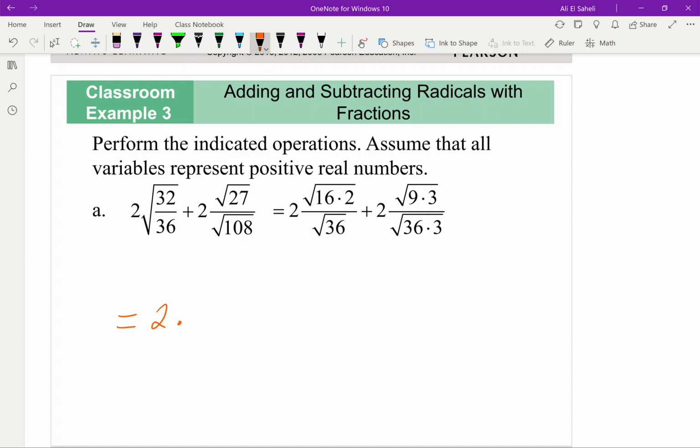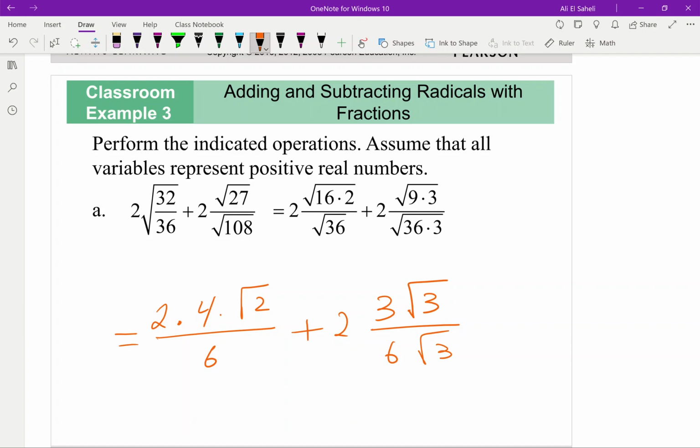So what we have here is 2 times 16 becomes 4, radical 2 over radical 36 is 6, plus 2, radical 9 is 3, radical 3. This 3 stays under the radical sign. Radical 36 is 6. And this 3 stays under the radical sign. So now we can cancel these.